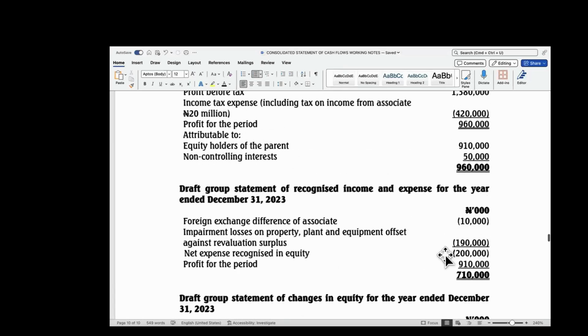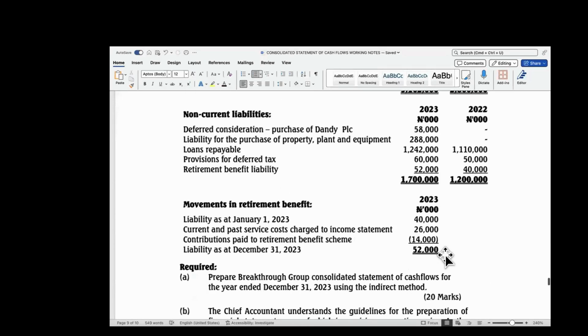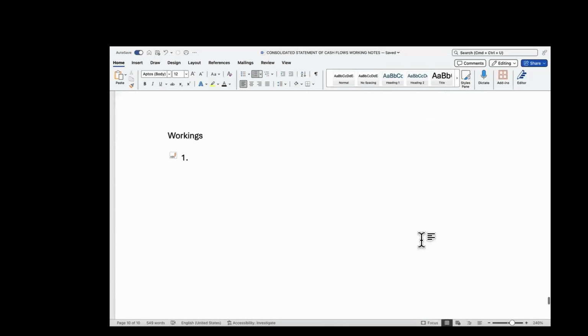So opening is 2,010,000 for opening. Opening balance for property, plant, and equipment, $2,010,000.